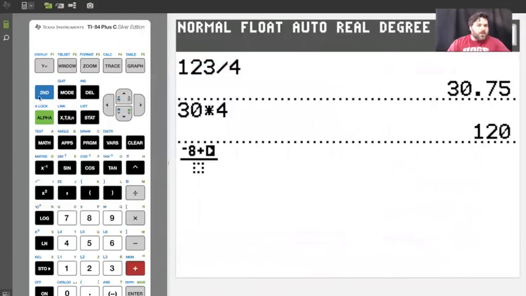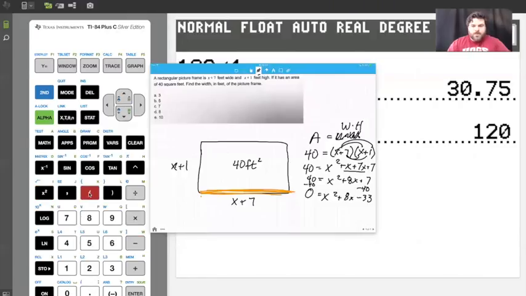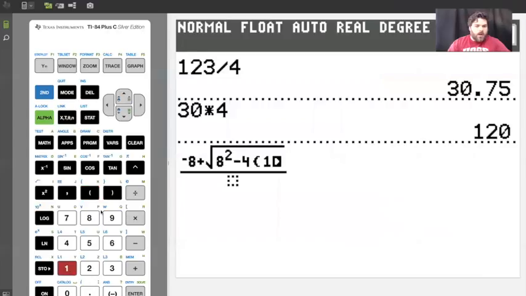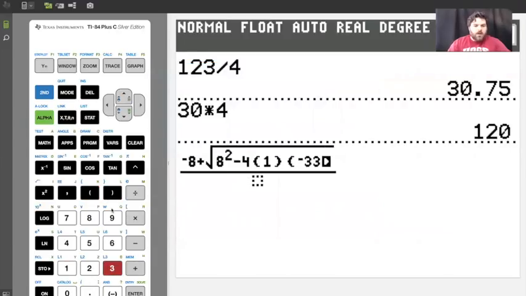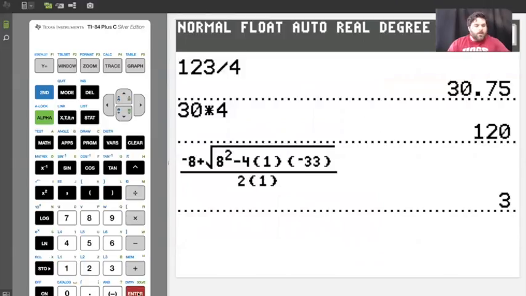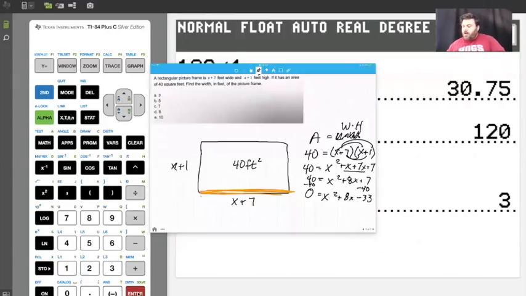The square root of b squared. b was 8, so 8 squared minus 4 times a, which is 1, times c, which is negative 33, all over 2a, so 2 times 1. I don't have to do the times 1, it's already going to be 2. And then I hit enter. There's my first solution, 3.